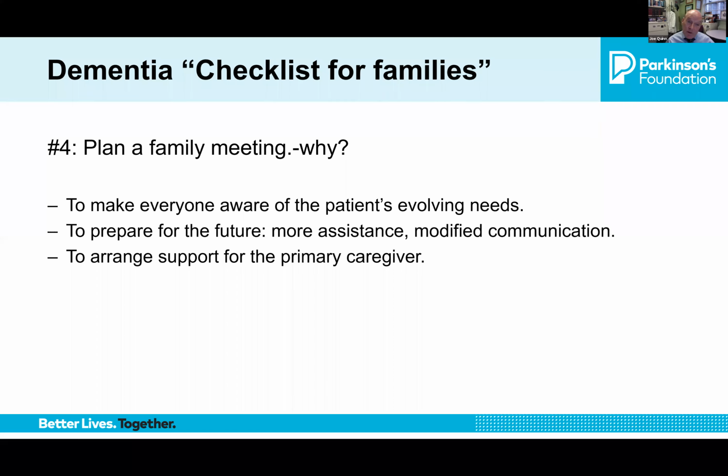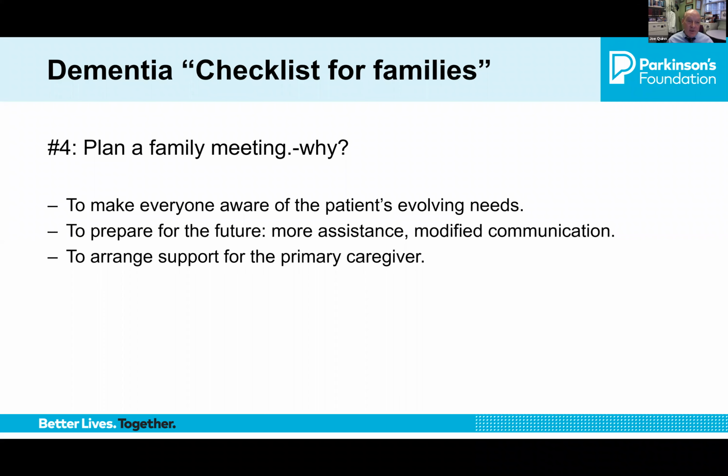You're going to need support from other members of the family in terms of assistance. Everyone's going to need to become educated on these communication issues. And again, it's really important to make sure that the primary caregiver is not put in a vulnerable situation, and you want to arrange support for the primary caregiver.